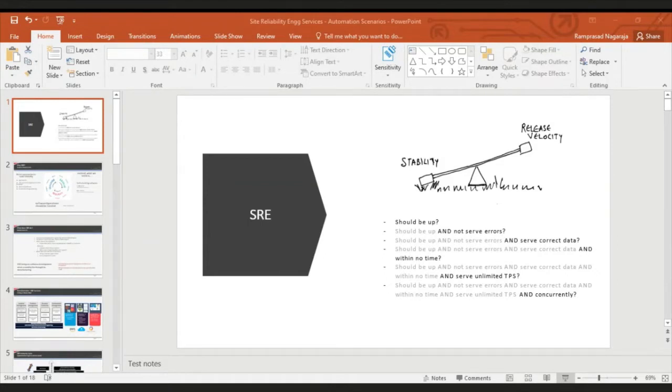There can be spikes, ups and downs in usage, and the system should still be able to handle that without any challenges as you are in parallel releasing new functionalities. That's the bottom line of what an SRE engineer has to manage on a day-to-day basis.